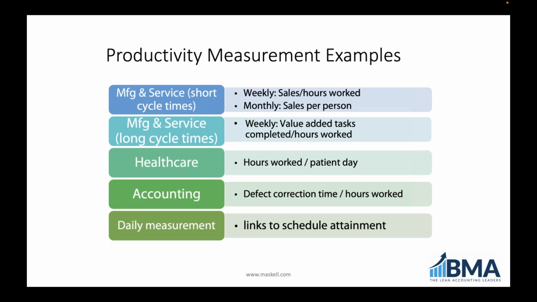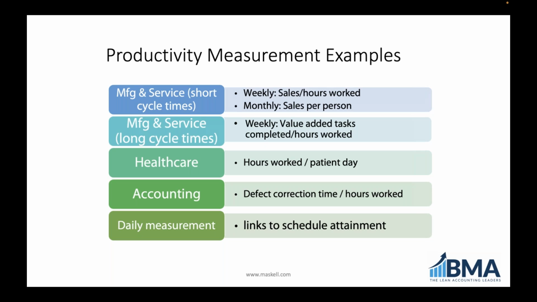Now, I forgot to mention something about sales. You can use the monetary value of sales, or you can use units. If you have product mix issues, you can come up with some weighted average of what the units are or what the sales value is.